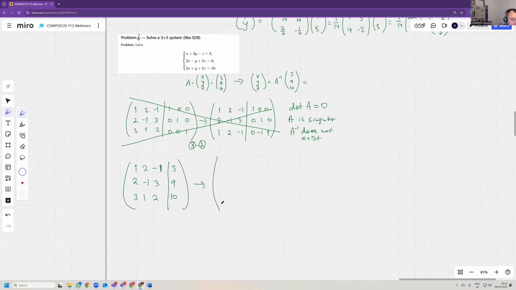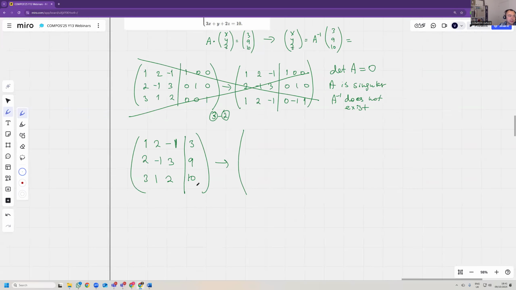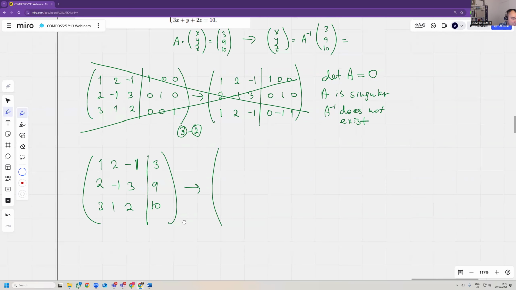And we can transform. So we take the matrix and the column. We do this minus that. So we get 1, 2, minus 1, and then 10 minus 9 is 1, and then 2 minus 1, 3, 9.